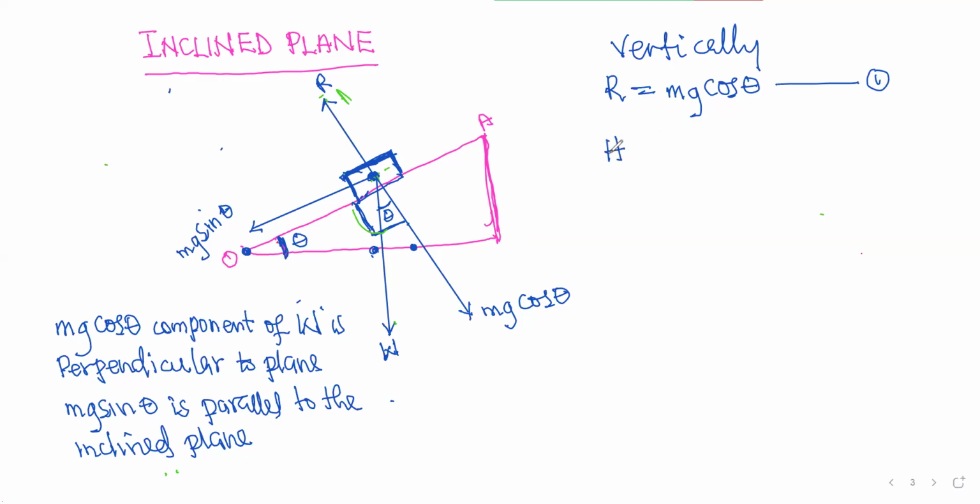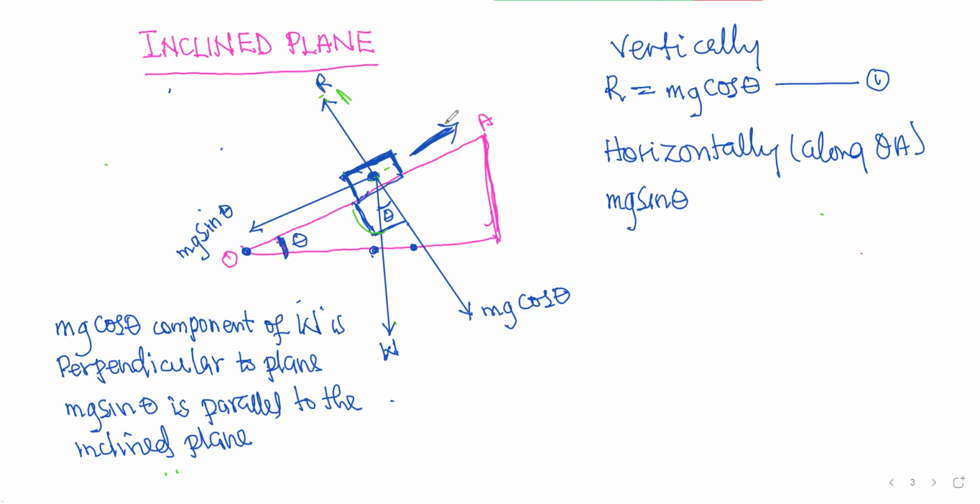Horizontally along the plane, mg sine theta has no balancer. There's no component here which balances mg sine theta. So we say that mg sine theta is unbalanced. It's not balanced.